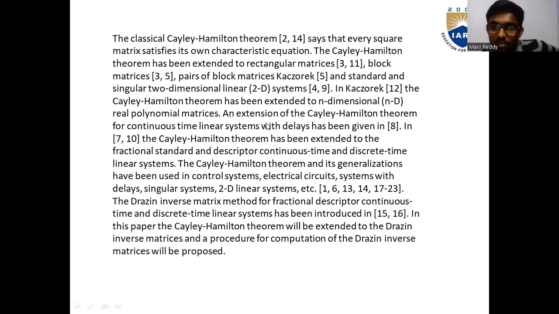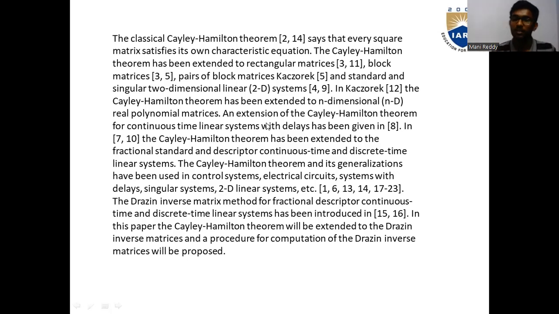An extension for continuous time linear systems with delays has been given in 8. It has been extended to fractional standard and descriptor continuous time and discrete time linear equations.